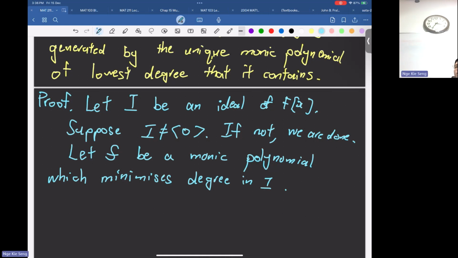So why can we always do this? When I say let, I can pick. Why can I make sure my leading coefficient is always 1? Where do the coefficients live? In a field. So that means I can invert every non-zero element.